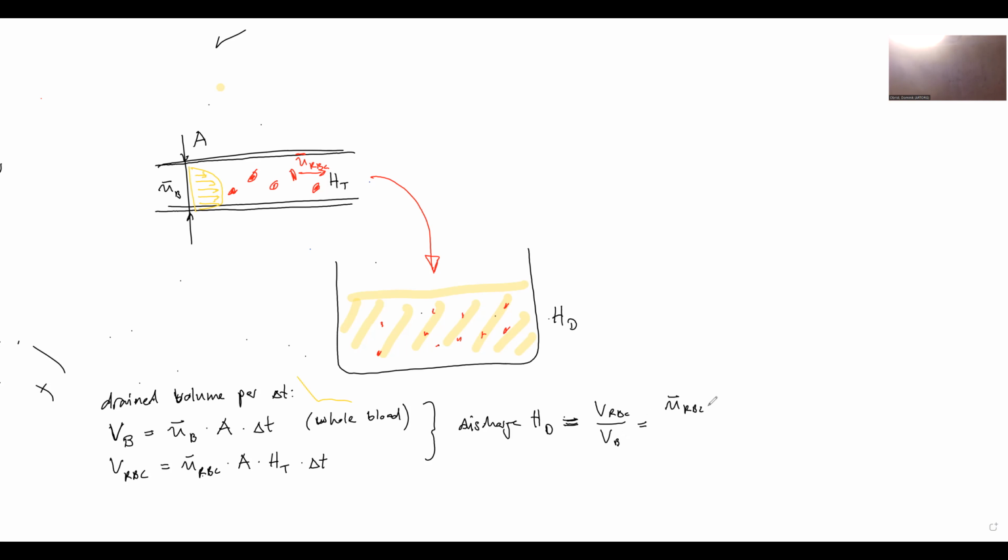U_RBC bar times A times HT times delta T divided by U_blood times A times delta T. Of course, this here cancels out. So we end up with U_RBC over U_B times HT.